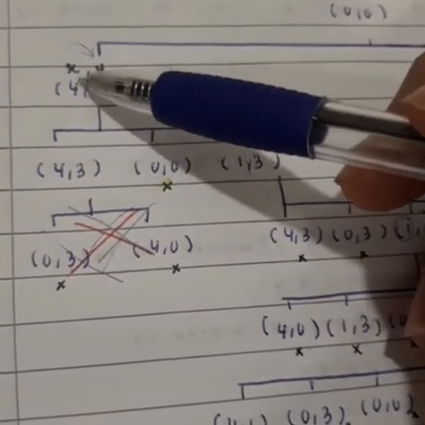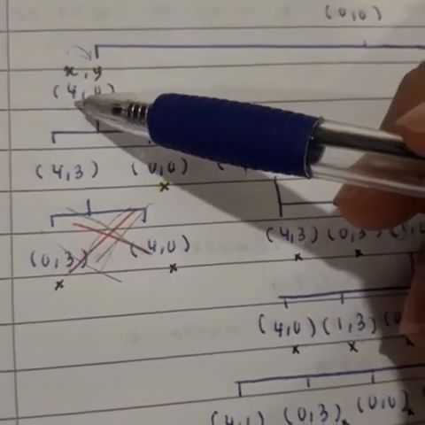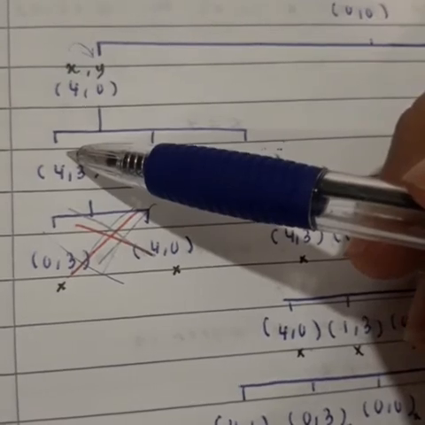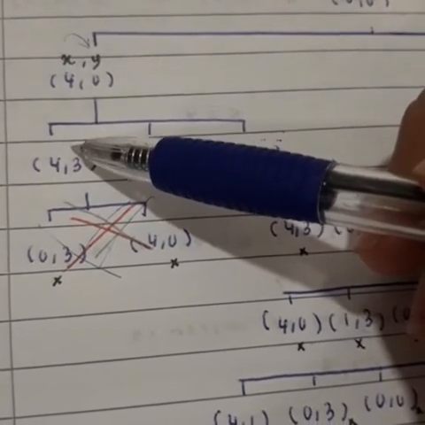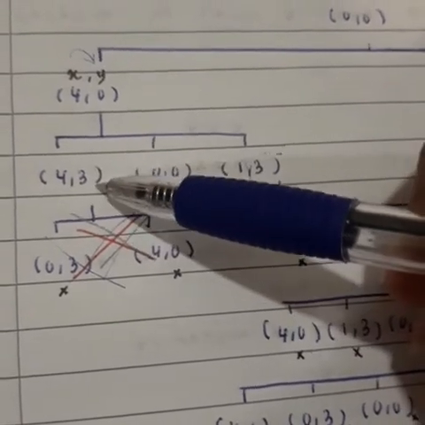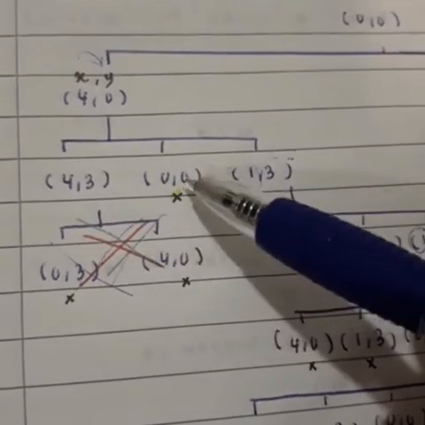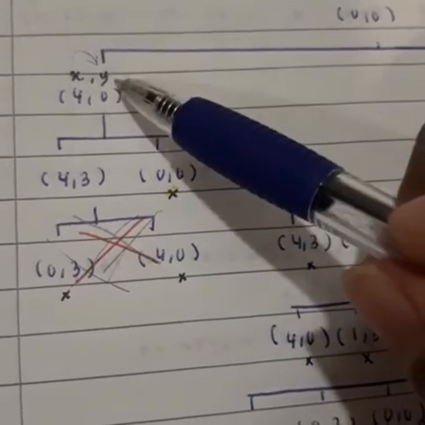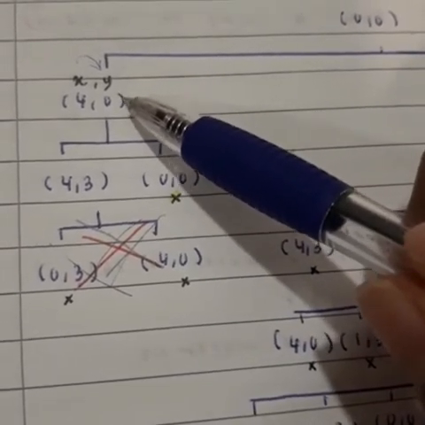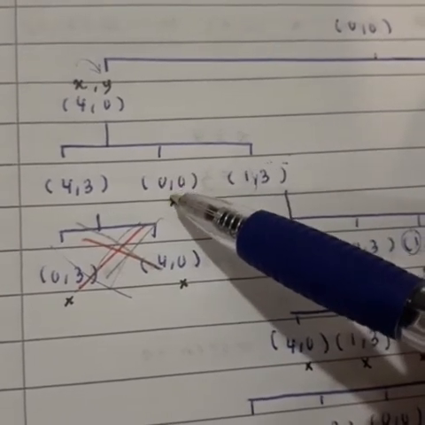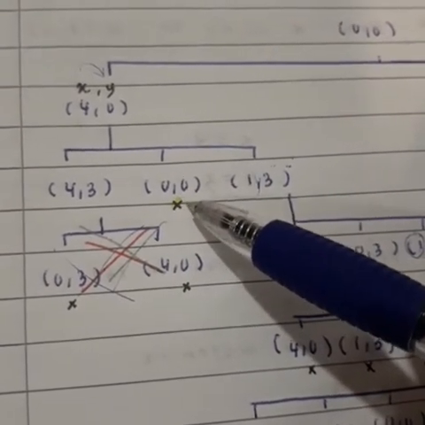We know that x has reached the maximum value, so we only do the y part. When y reaches the maximum value, which is 3, we get 4, 3. And then we need to empty the water jug. Here y is already empty, so we need to empty the x value only, and here we get 0, 0.